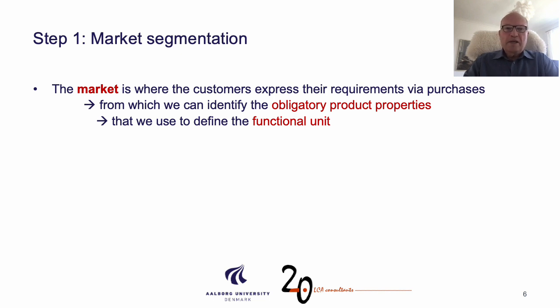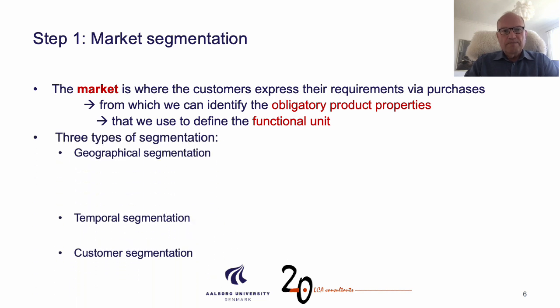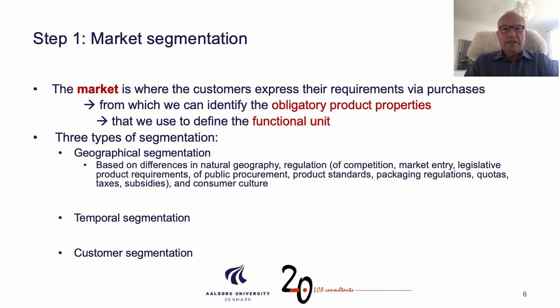Therefore, our procedure has 3 steps, where the first one is the market segmentation. 3 types of segmentation is possible: geographical, temporal, and customer segmentation. Geographical segmentation is based on the differences in natural geography, in regulation of competition law, for example, market entry, so how you allow people to enter the market, legislative product requirements.